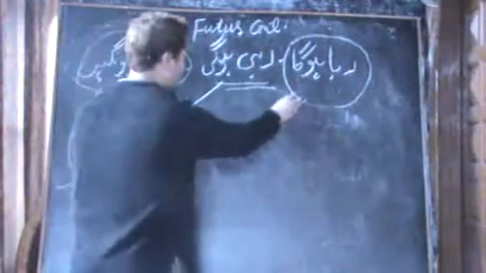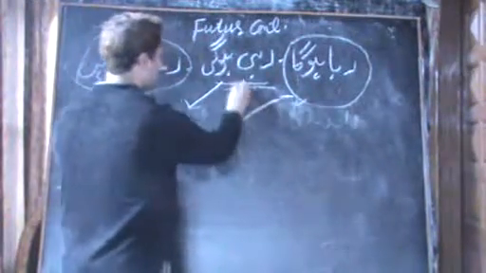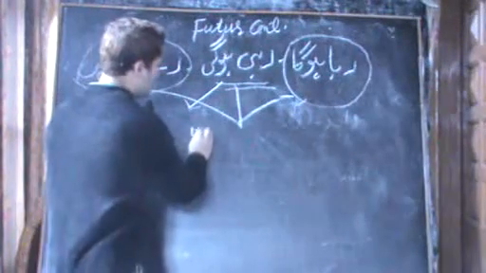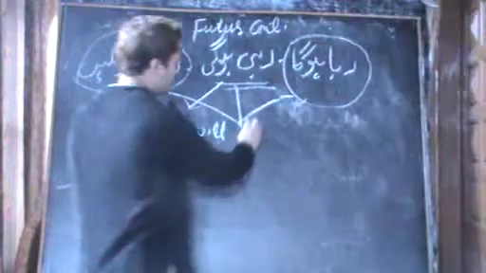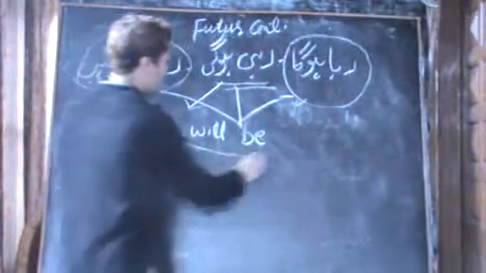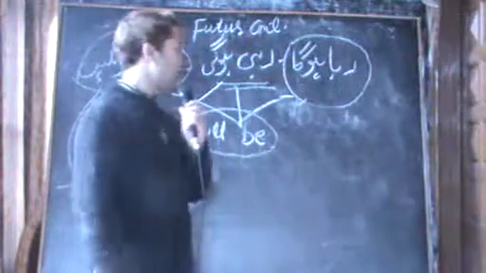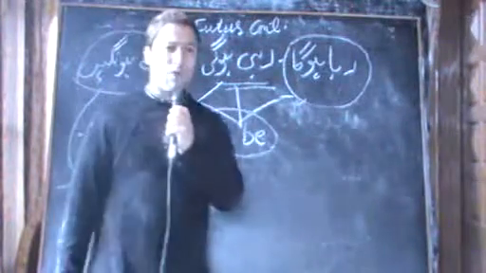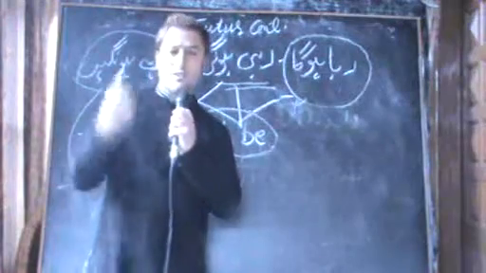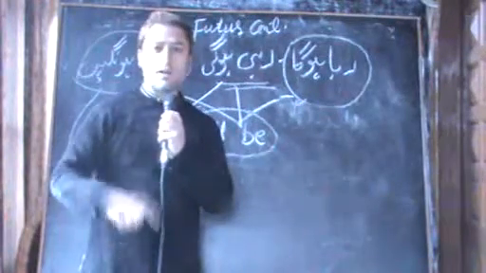We know that the helping verb for the present is different for singulars and plurals, but here for singulars and plurals we have the same helping verb. The helping verb will always be will be, or shall be, but for now just learn will be. In spoken form, we always pronounce it as 'll be.